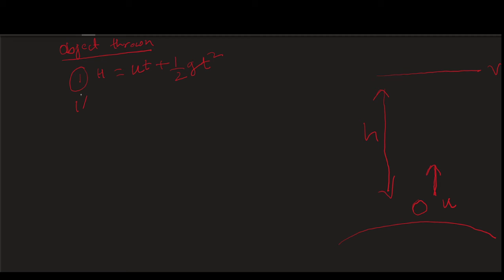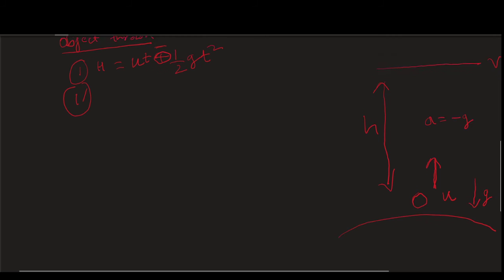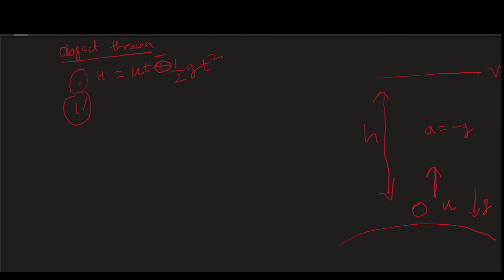Sorry, one minute. Here it is moving against the gravity, so acceleration a will be replaced by minus g. Gravitational force always acts towards the center of the earth, but the object is moving against the gravity, so acceleration will be minus g. So the plus sign will be replaced by a minus sign as g is minus. So let us replace it.